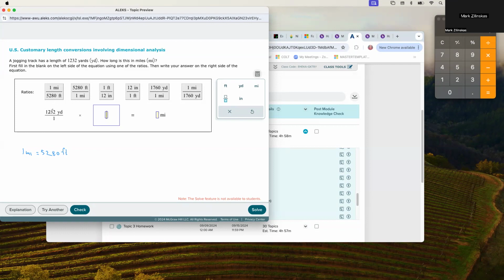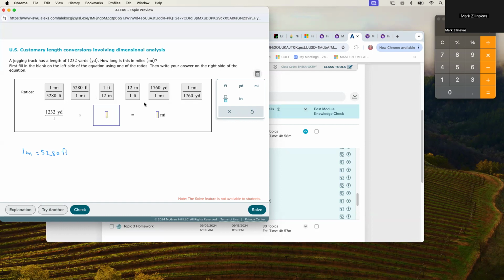So if I multiply this quantity by the number 1, I'm not going to change it. I'm just essentially changing the units. What you'll have to do first is fill in this blank by dragging the appropriate one of these down. Since we're going from yards to miles, we want the yards to cancel out. That means we want the yards to be in the bottom, and this is the only one that has it, and we want miles to be in the top.